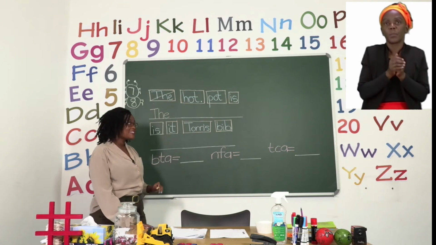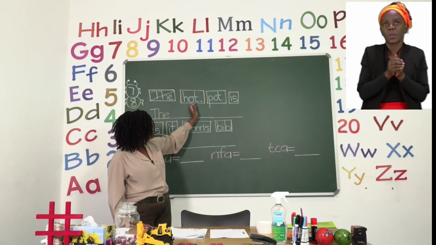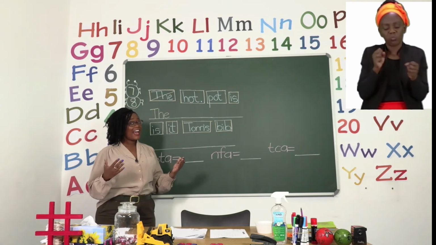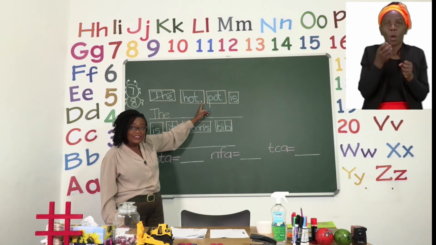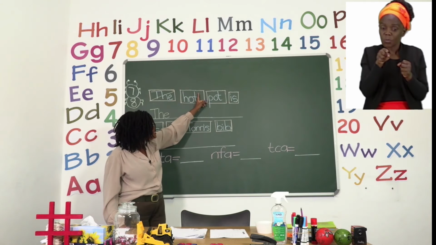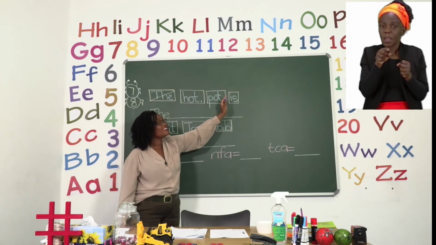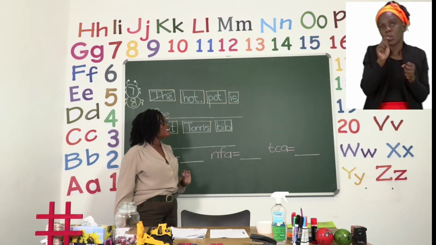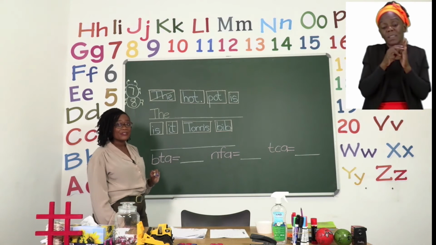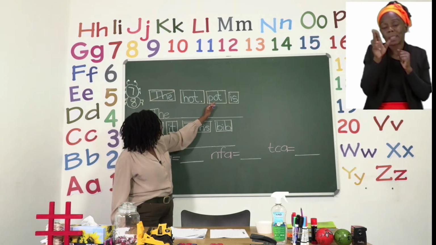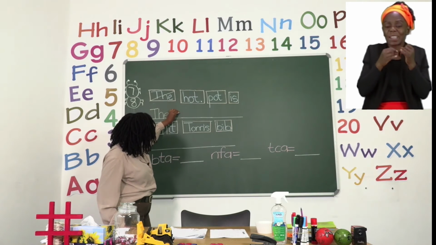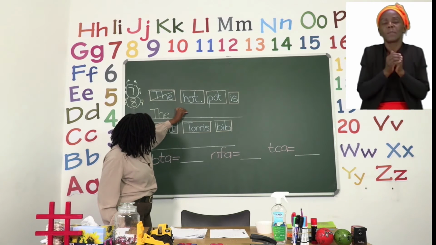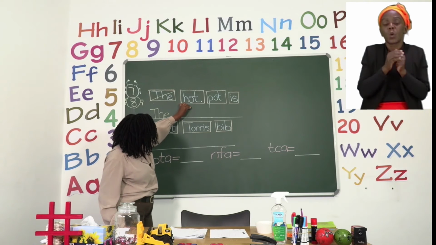We also can't say the hot because it can make sense, but there is a full stop here that tells us that this whole block is supposed to be at the end. And that means that our next word is the word pot. So we are going to write the word pot. Please also write the word pot in your booklet.